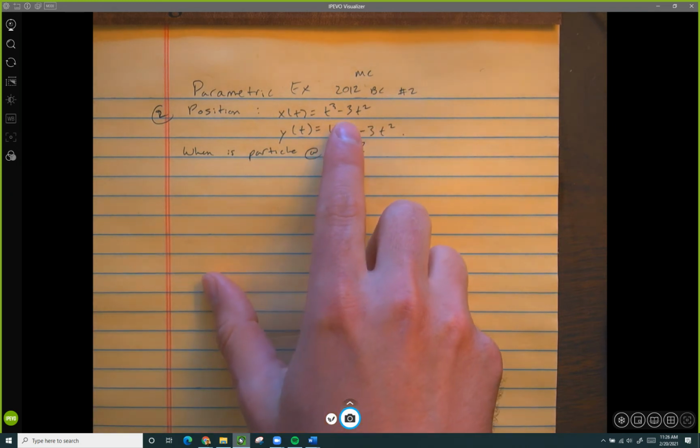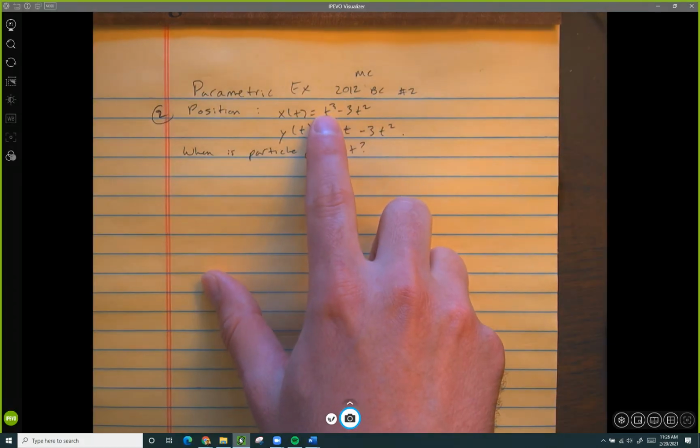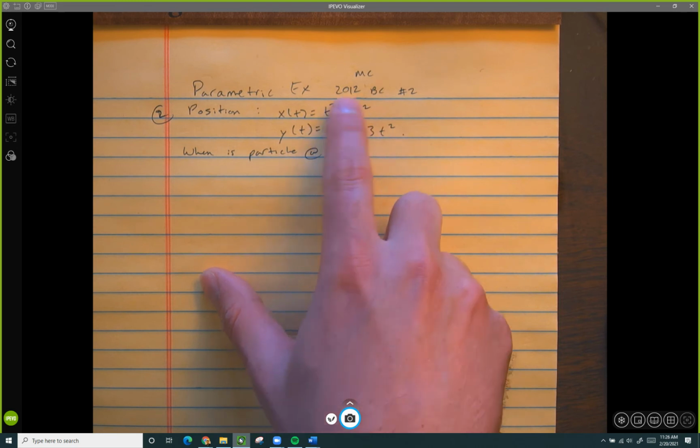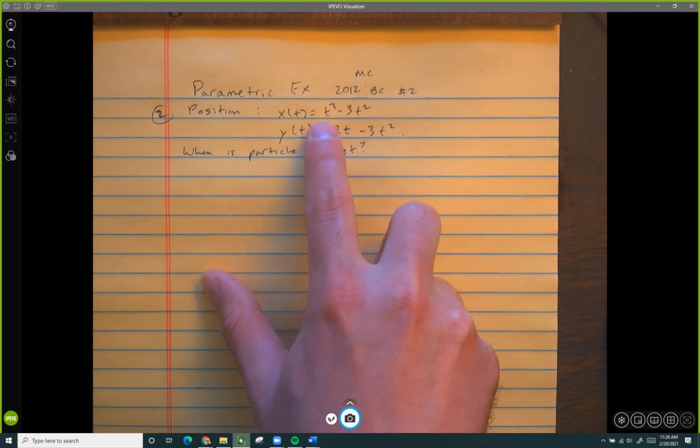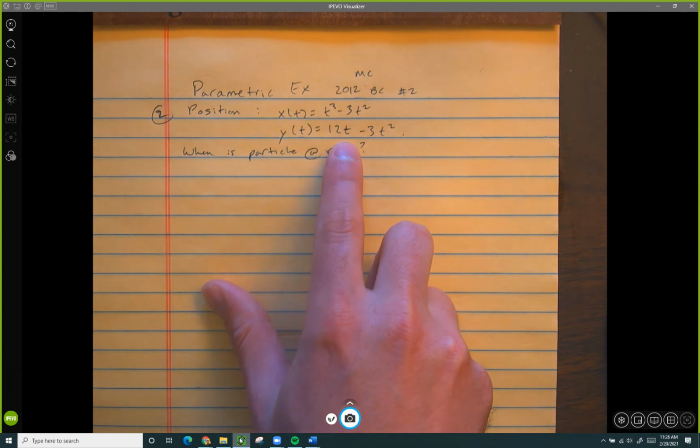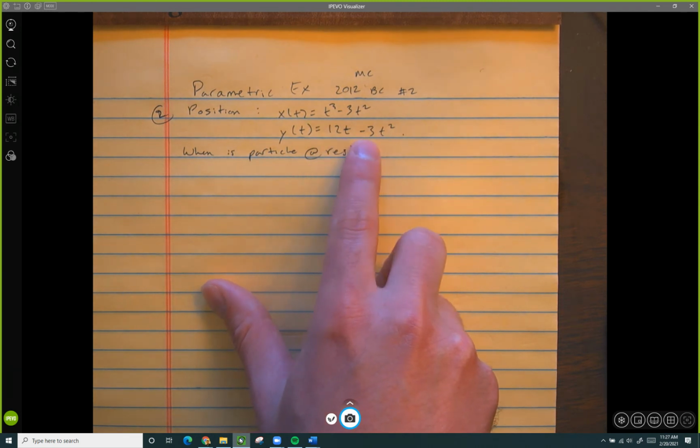Because as you plug in values from 0 to 1, t cubed is smaller than t squared, because a fraction cubed is smaller than a fraction squared. And so this thing is larger than that thing as t goes from 0 to 1. So we're moving to the left. When you plug in 1 here, you get 12 minus 3.